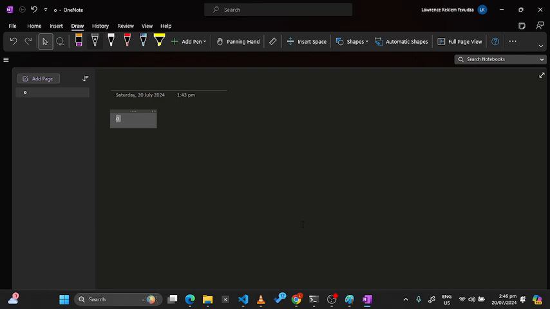The question says it's 4% of the fundamental. So that's going to be 0.04 times 240, the fundamental is 240.